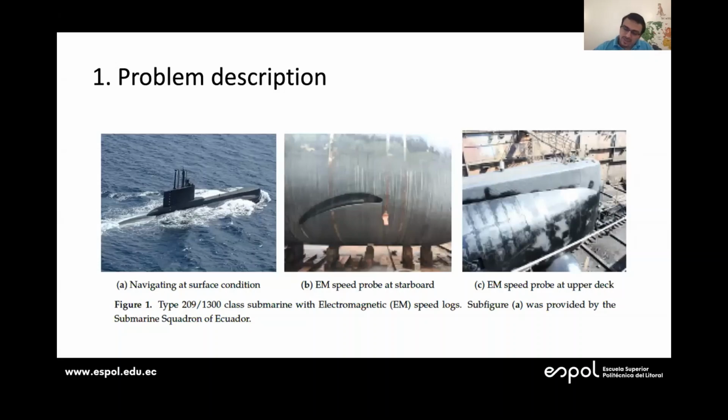GPS is not working there, and they have to rely on this tiny device in order to be safe. And this submarine has two probes, this one on the side and one that is covered here on the upper deck section. And this was a real challenge for us.